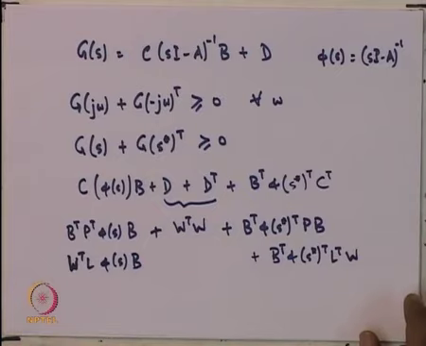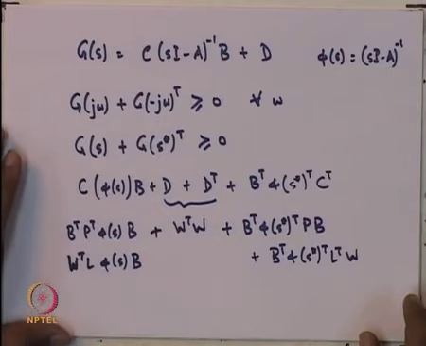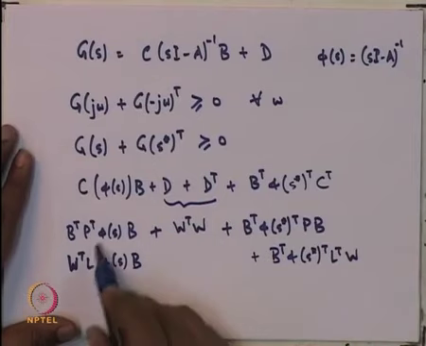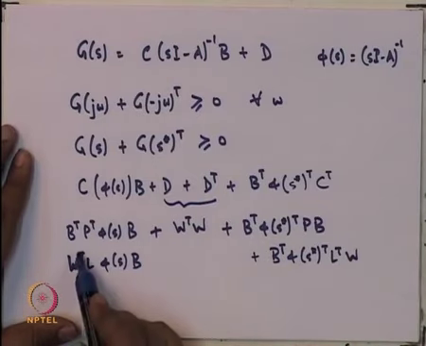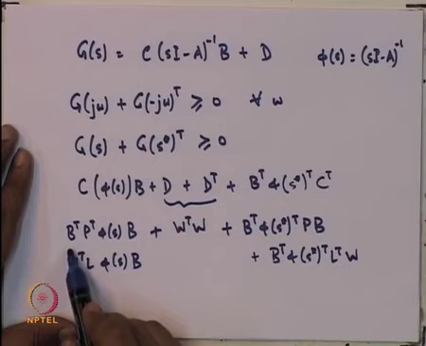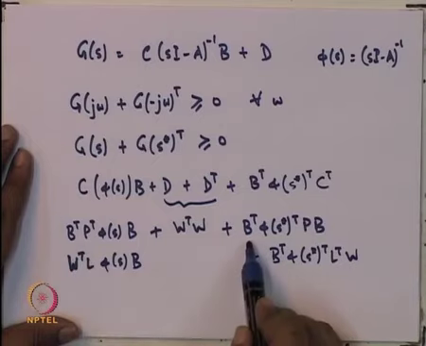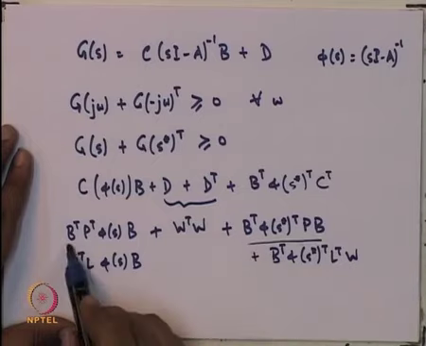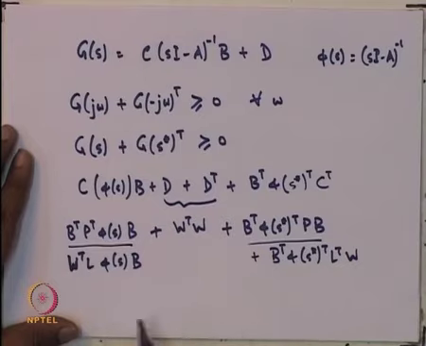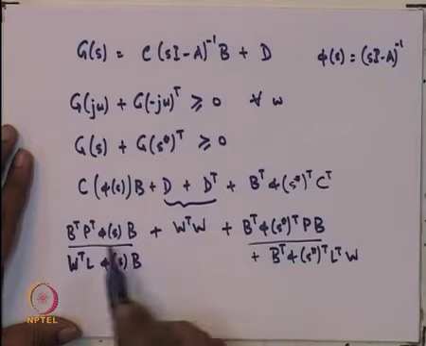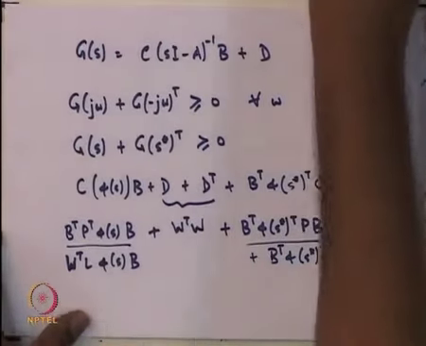Okay. So, I get these 5 terms. Now, out of these 5 terms, let me concentrate just on this one and this one. Let the other 3 terms be as they are. I will just concentrate on these 2.